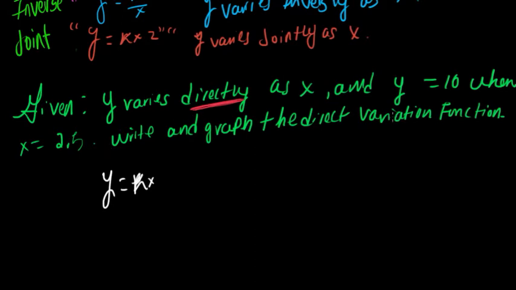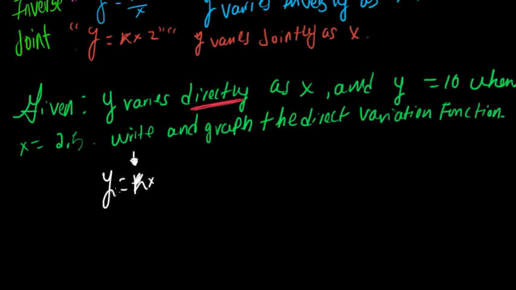The only thing we need to write this variation function is a k value. If we find k, we can find the value of x when y is a certain number, and the value of y when x is a certain number. We can also graph it by using k.